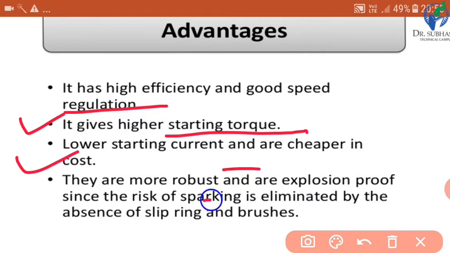They are more robust and explosion proof, since the risk of sparking is eliminated by the absence of slip rings and brushes. This is the squirrel cage type rotor, so there are no slip rings, and there is no risk of sparking and all these things. So these are the advantages.